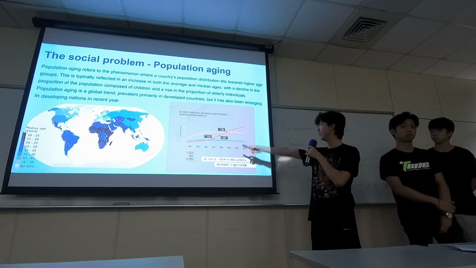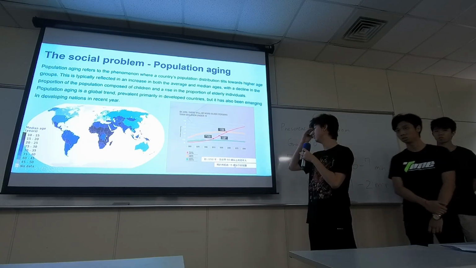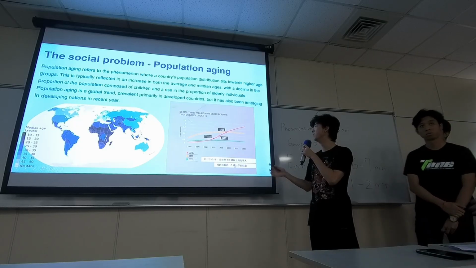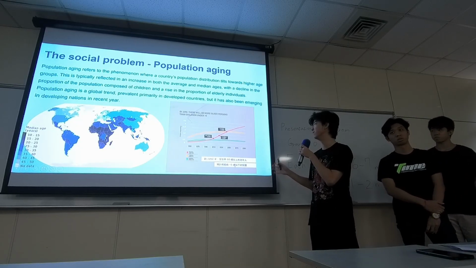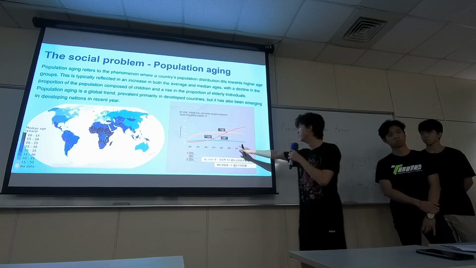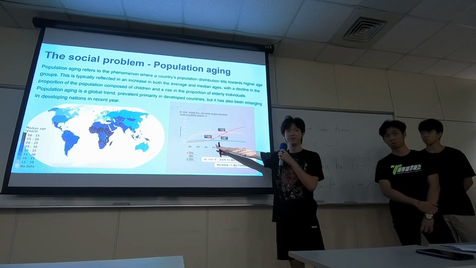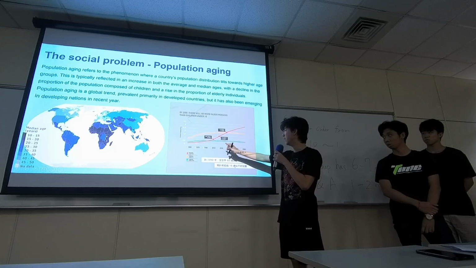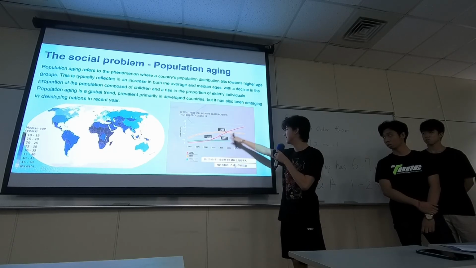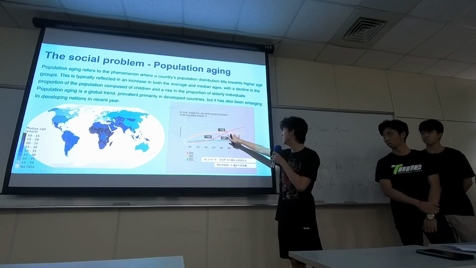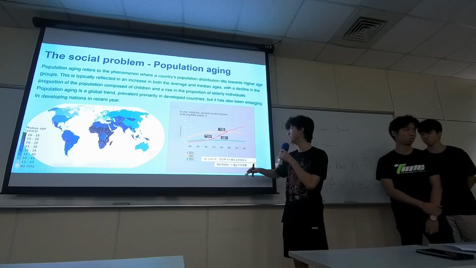Here you can see the social problem of population aging. In this graph, the prediction is that in 2050 there will be more older persons than children under 15. The blue line is children under 5, the red line is persons above 60, and the yellow line is children under 15.